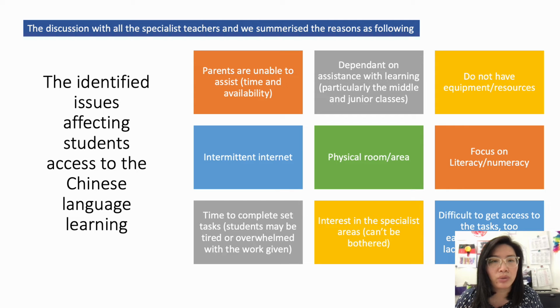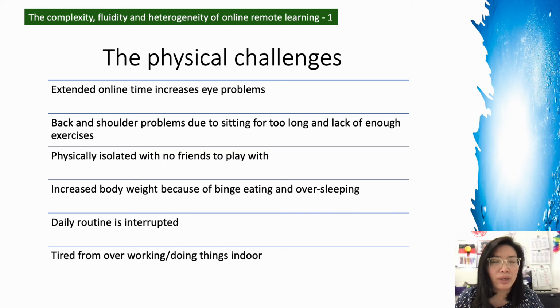Overall, there were 9 issues related to these low participation rates. Based on the data collected, interviews with parents, and meetings with my colleagues, I summarized these into a few challenges.